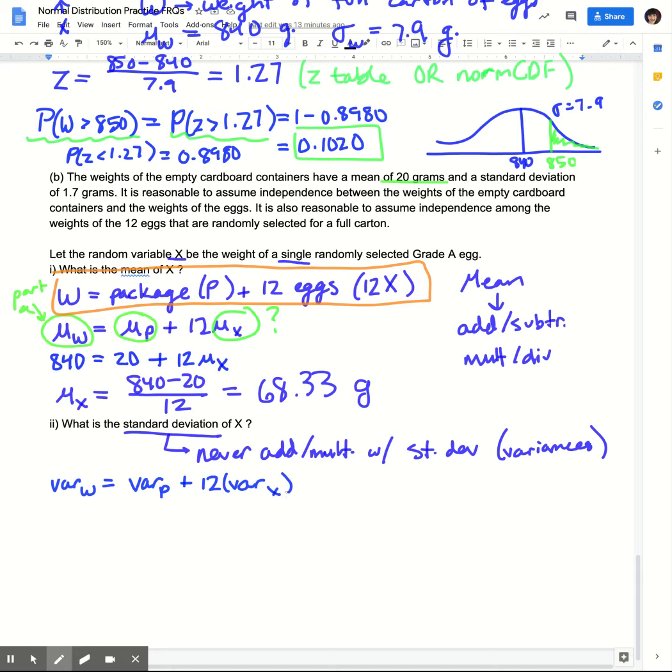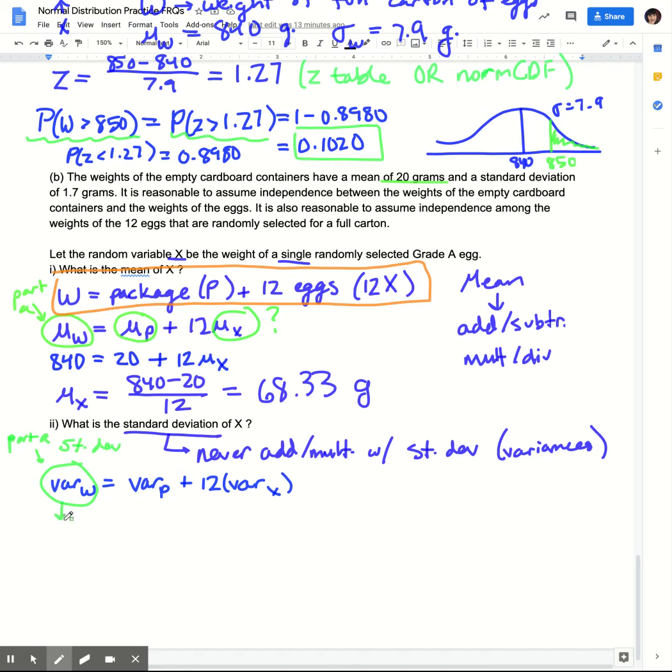Okay. All right. So we know from part A the standard deviation, and same thing here, we know the standard deviation.